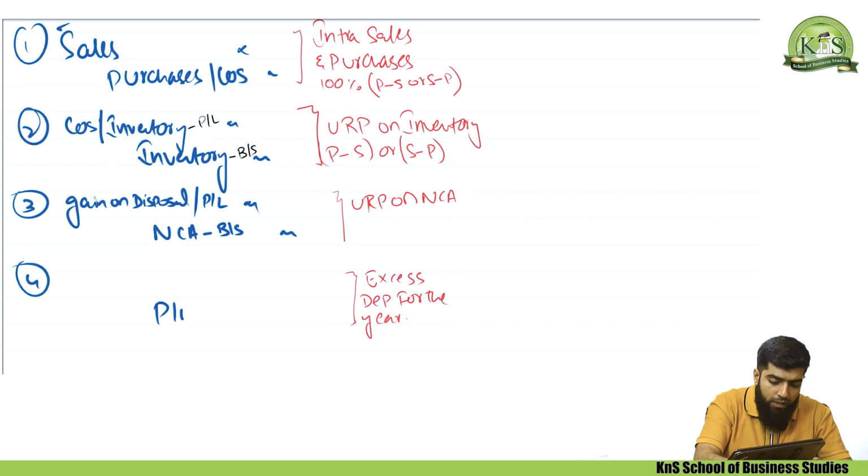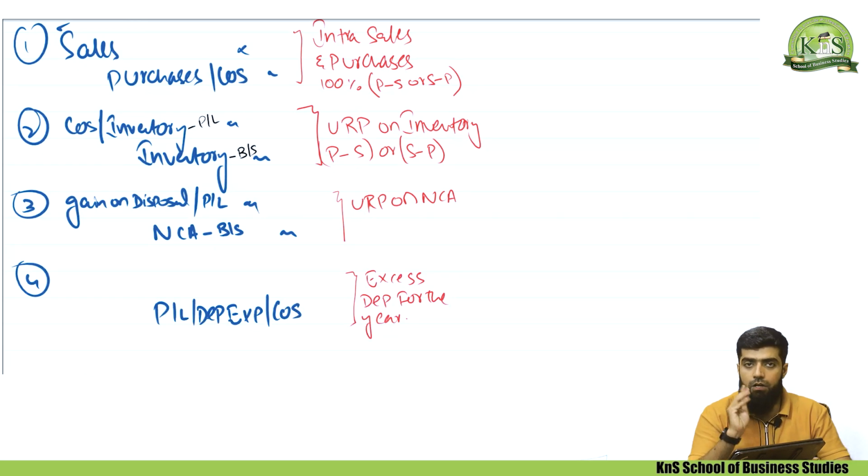Now the P&L will be credited, or we can say that depreciation expense will be credited, and normally depreciation expense is recorded in the cost of sales side.